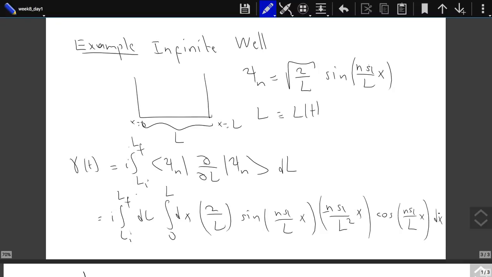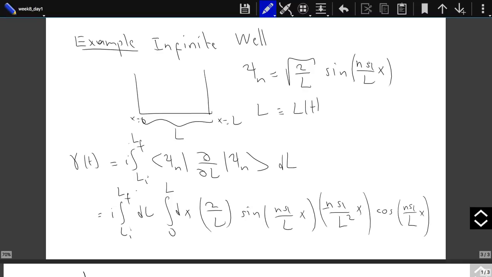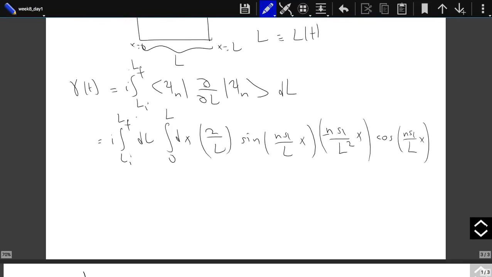Now dx we already wrote. This is equal to dL. We have, let's see, minus 2 n pi over L cubed.